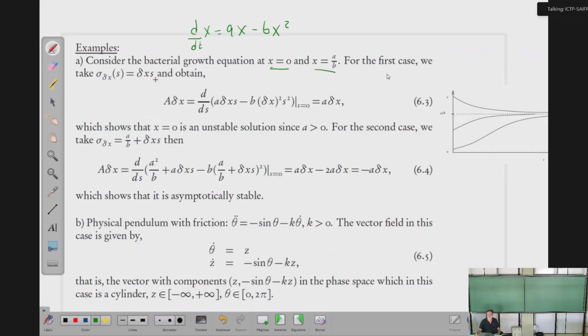So for this x equal to 0, we just take a perturbation, which is delta x. And here the parameter is s. We were using lambda, and here I'm using s. I don't know why it changed.